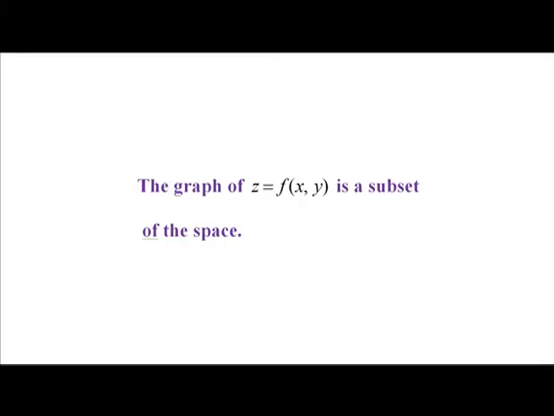From the Cartesian geometry of three-dimensional space, we know that a triplet (x, y, z) of real numbers corresponds to a point in space. Hence, by the definition of graph of a function, it follows that points in the graph are points in space. Hence, the graph of f is a subset of space.